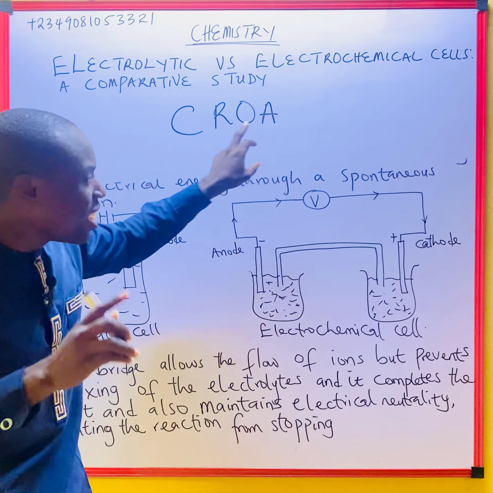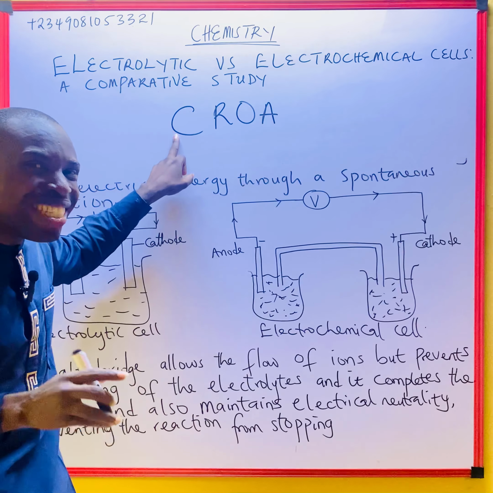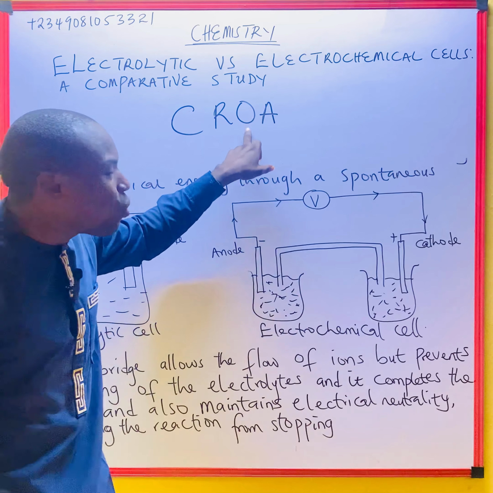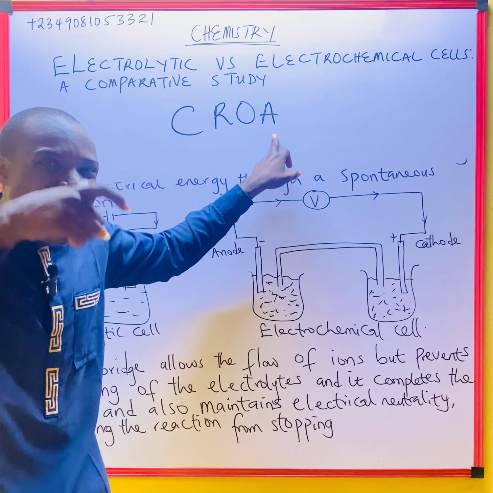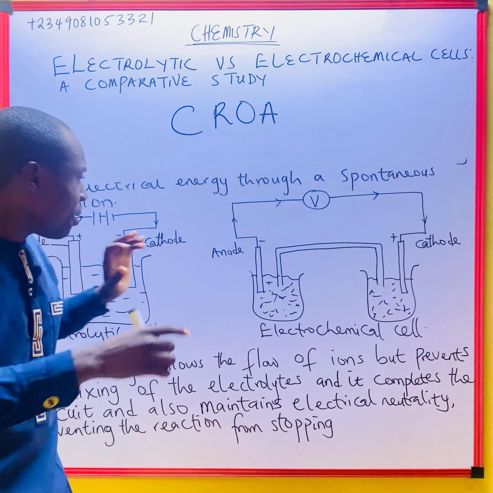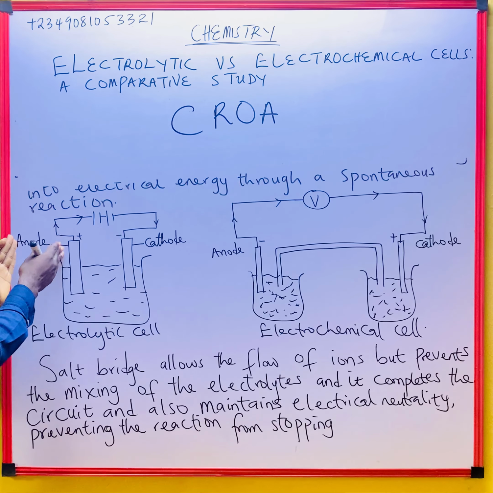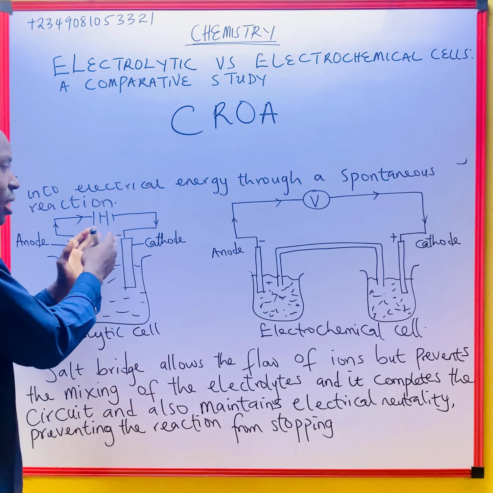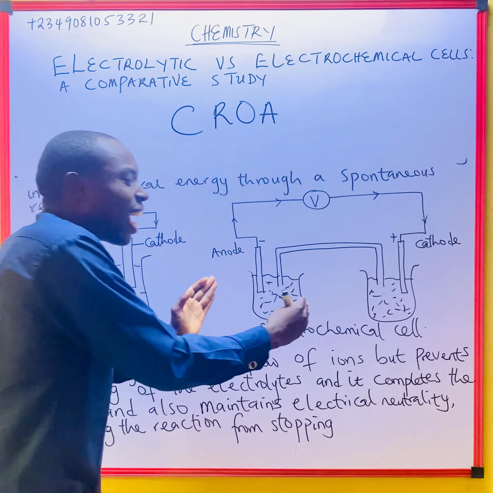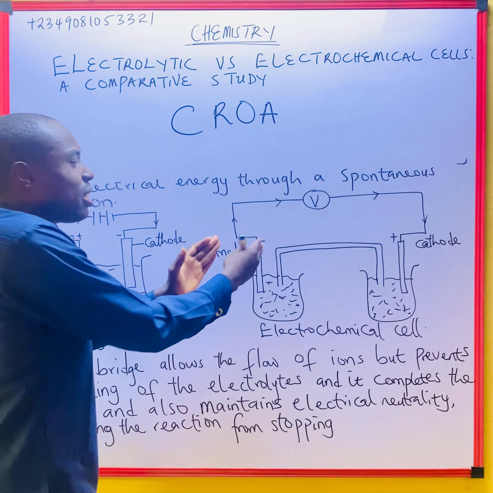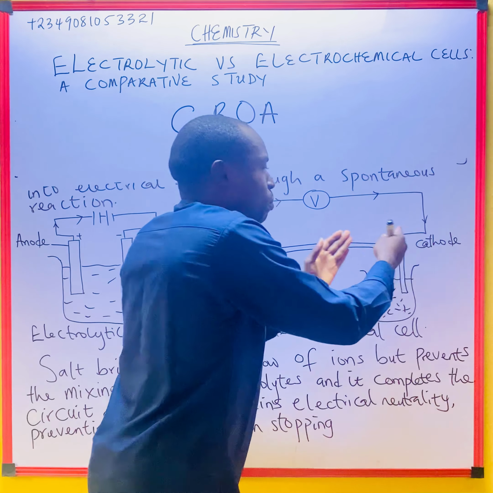Don't forget, reduction occurs at the cathode, while oxidation occurs at the anode. Now take note of it. So it means that in the case of the electrolytic cell, the anode is positive and the cathode is negative. In the case of the electrochemical cell, the anode is negative, but the cathode is positive.